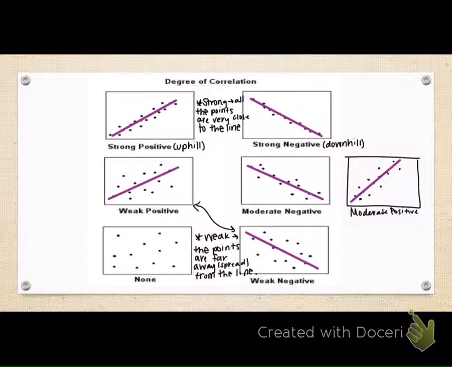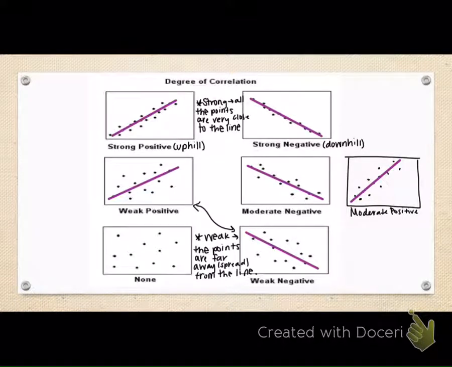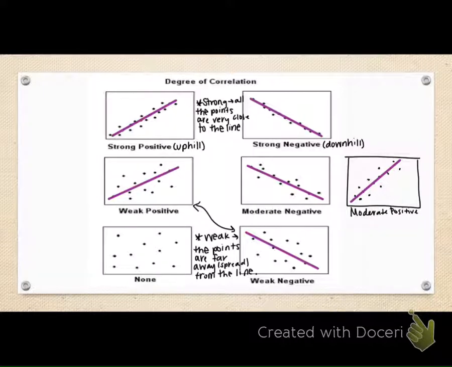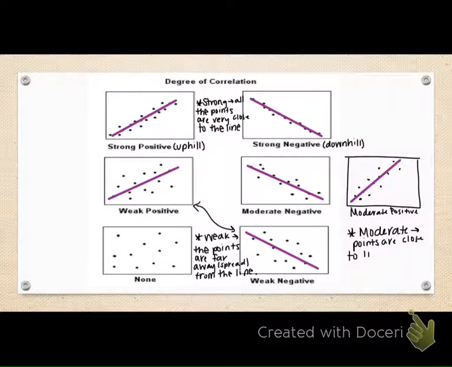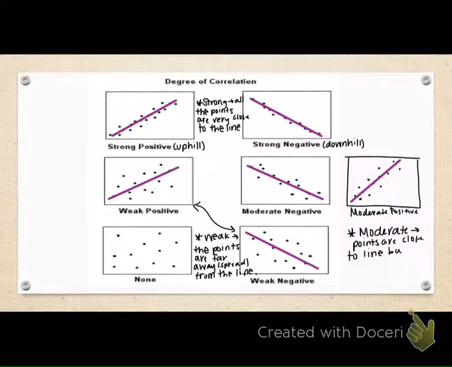Do you guys see that they're a little bit spread away from the line? Do you guys see the difference between the strong and the moderate? Okay. So moderate: points are close to the line, but not all right next to the line.